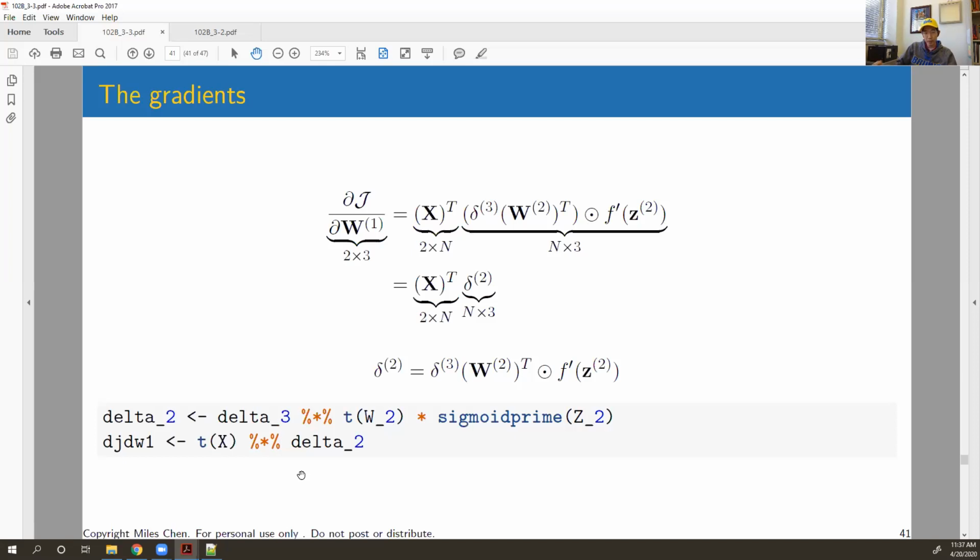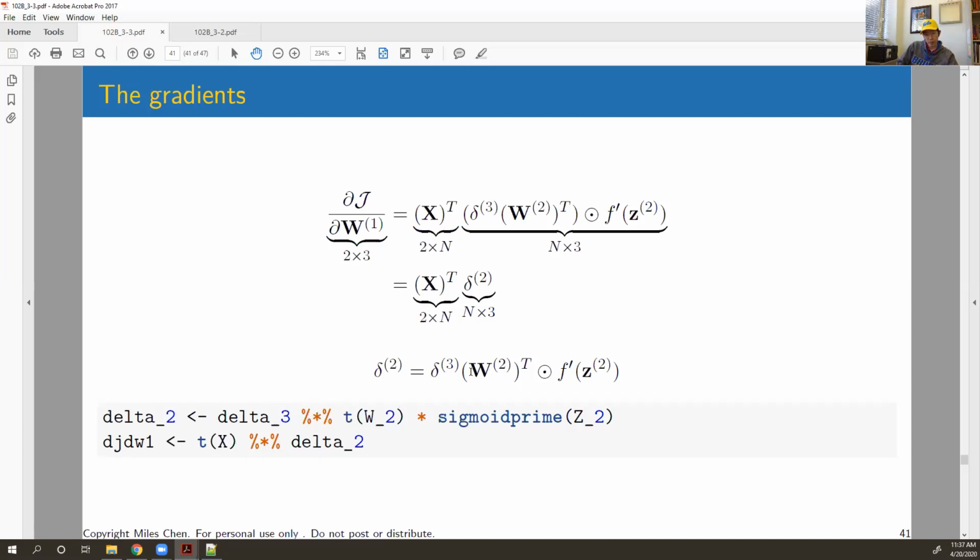Now we want the derivative with respect to W1, the weight matrix one. So we get dJ/dW1, and the result of that is X transpose times delta 2, where delta 2 is equal to delta 3 times W2 transpose, element-wise, f prime of Z2. So I have my earlier result, delta 3.